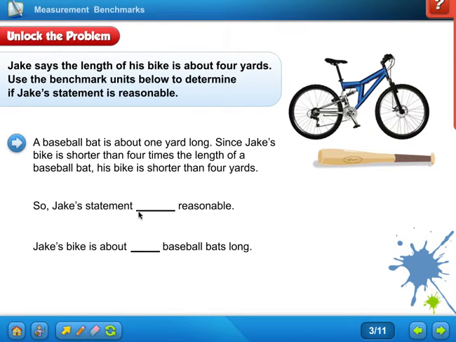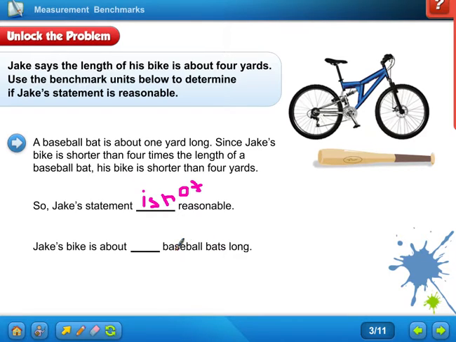So Jake's statement is reasonable or is not reasonable. Did you say is not? If you did, you are correct. Is not. Sorry, I have to squeeze it in there.